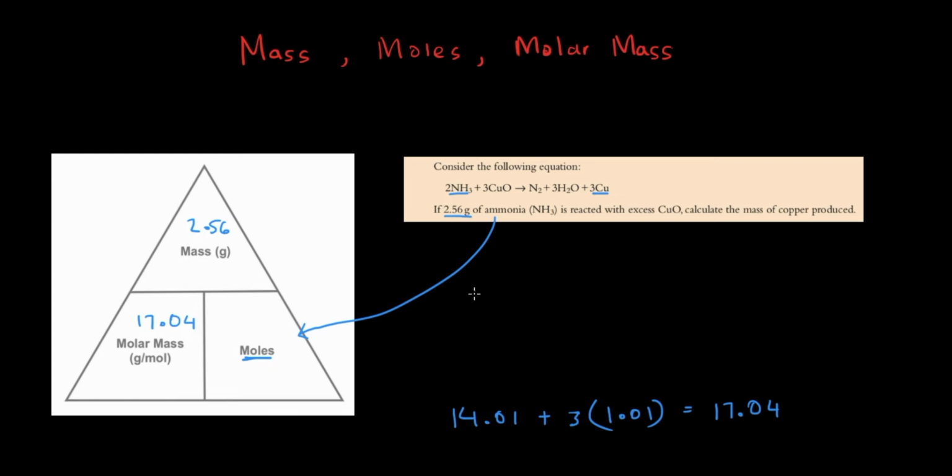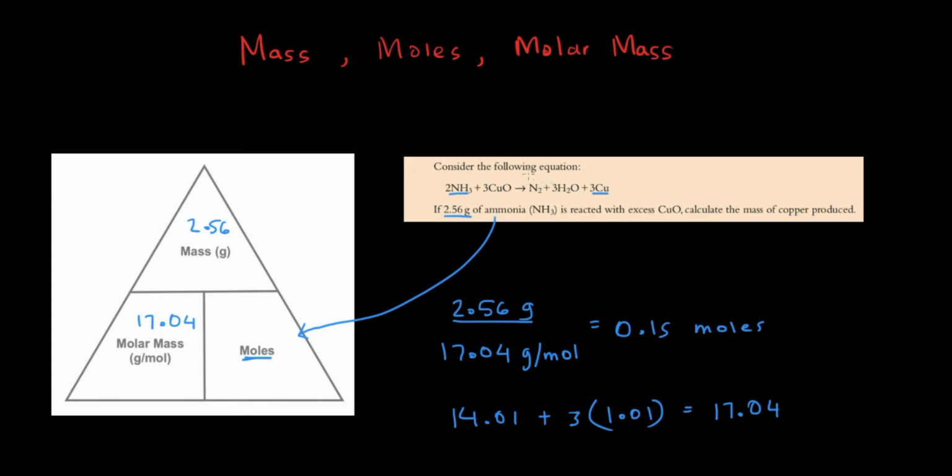Okay, so now we can calculate the moles of ammonia, which would be 2.56 grams over 17.04 grams per mole, which gives approximately 0.15 moles. And that is the moles of ammonia.